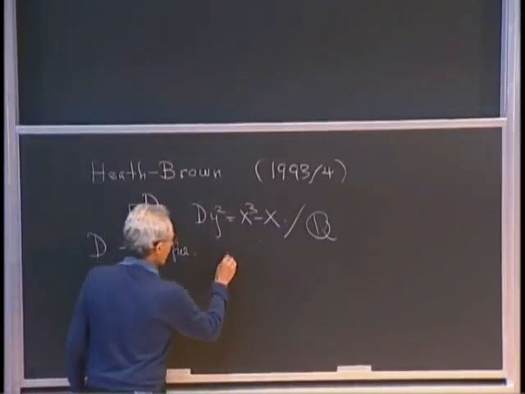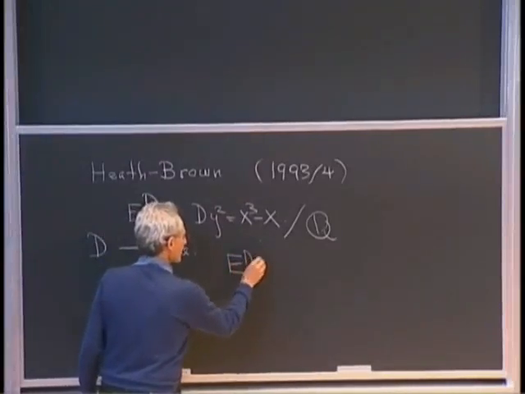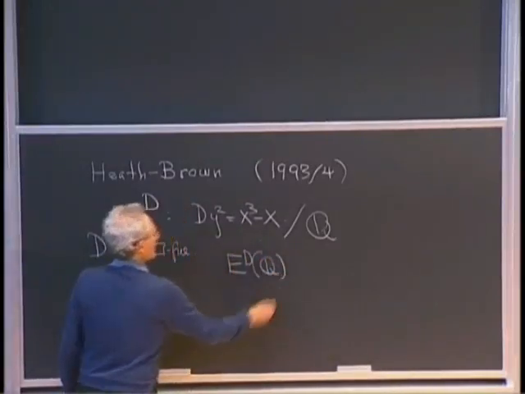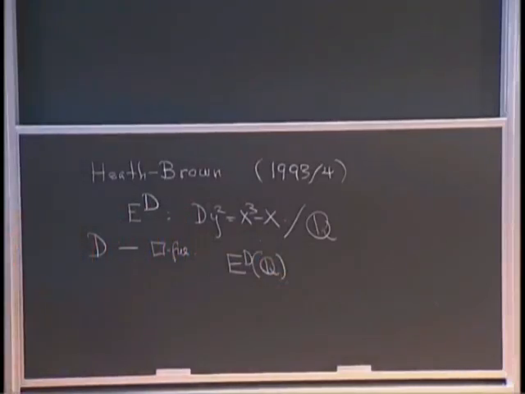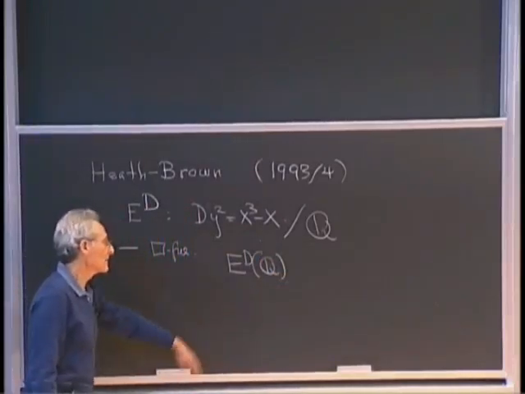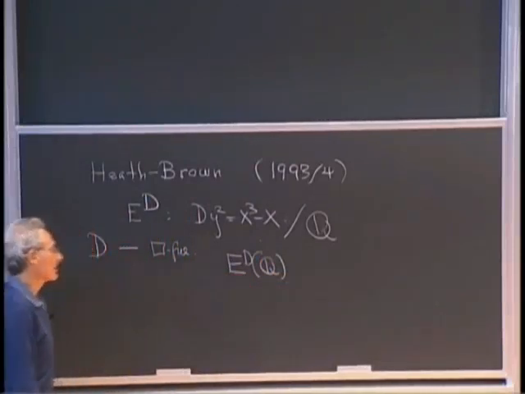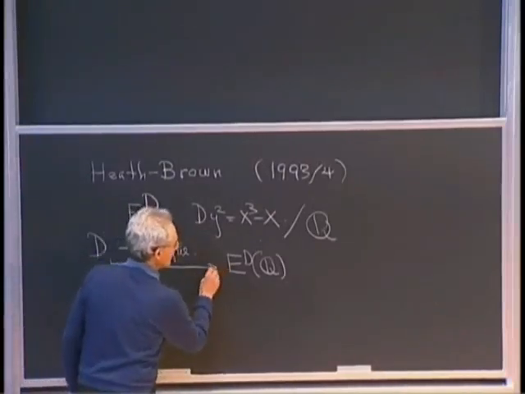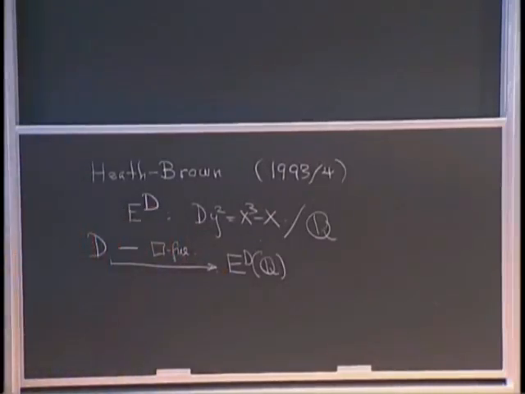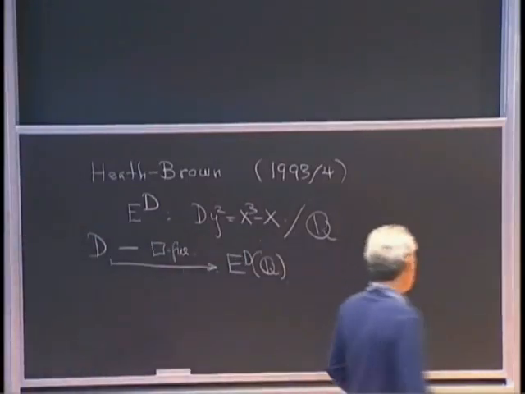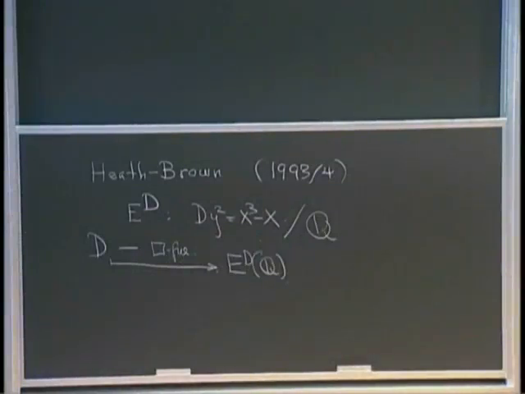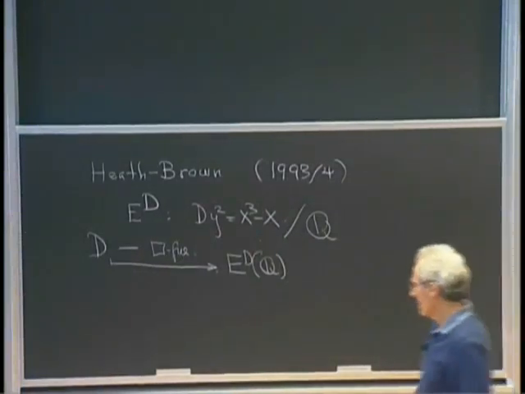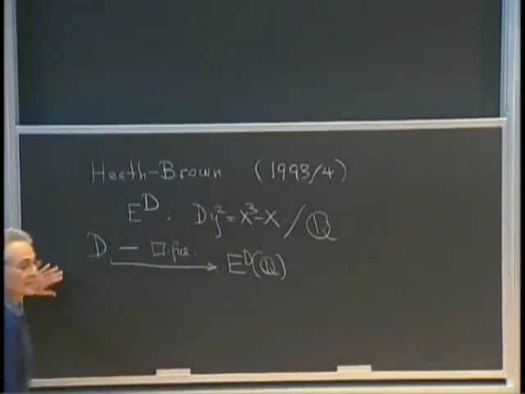The whole point about trying to understand this is to understand how the Mordell-Weil group of these elliptic curves, how that group or its rank varies with D. So we have a function from D to these groups, and the question is, how do they vary? The way in which Heath Brown attacked the problem was by controlling the study of two-Selmer ranks, and we'll get to that in a sec.